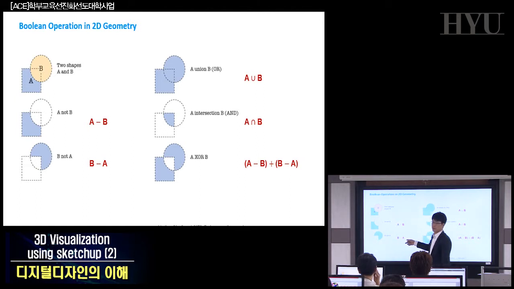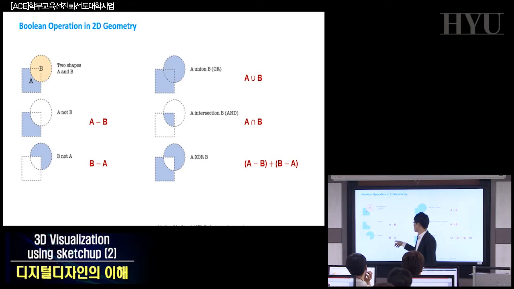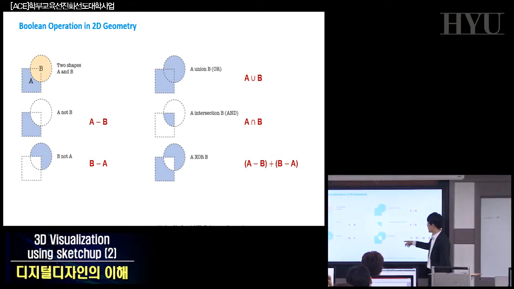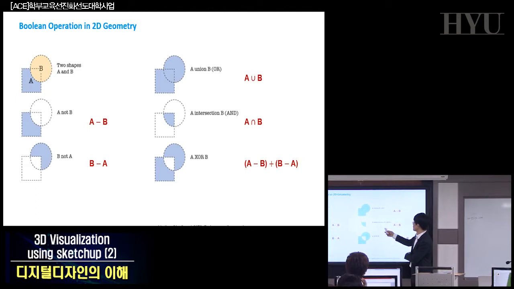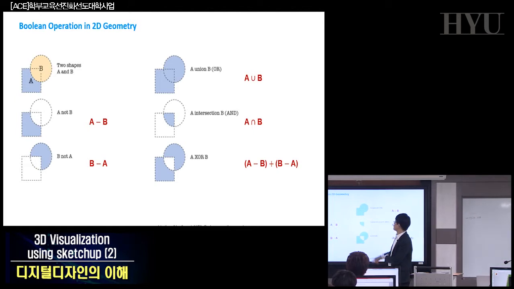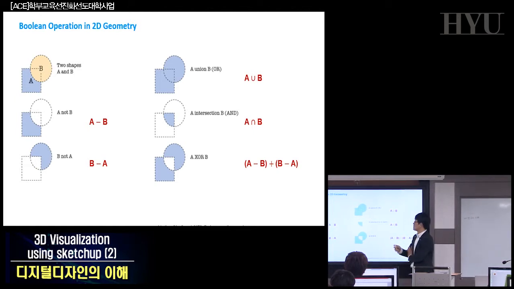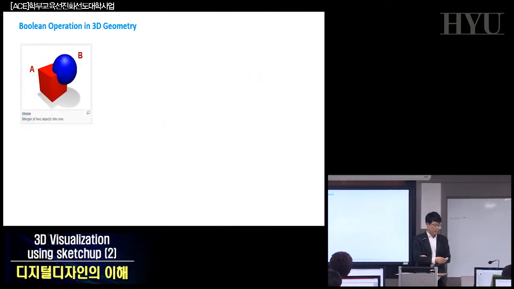B not A means B minus A. If we add A minus B and B minus A, we can generate A XOR B, which means A minus B plus B minus A. How about intersection? You know this one, A intersected with B, this part. Of course, union returns the entire area of those two different objects.